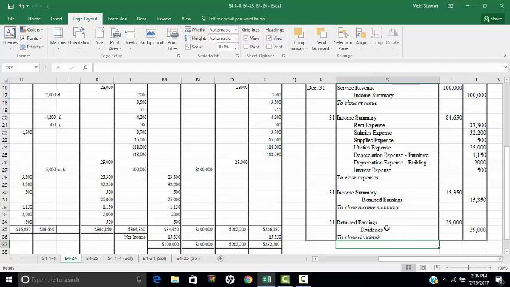So now we can see that we have completed our worksheet and we have closed all of our temporary accounts and transferred our net income to retained earnings, and we would be ready now to do the post-closing trial balance after we had completed our financial statements. So that is the conclusion of the demonstration for exercise 424.